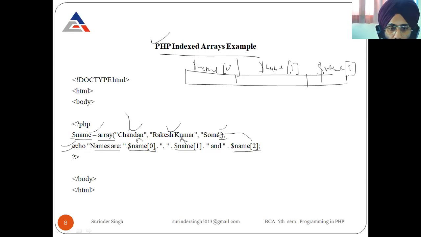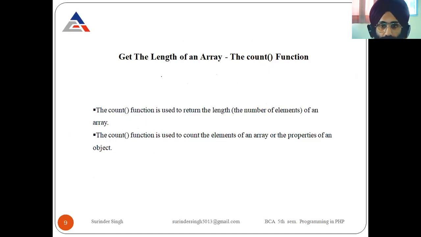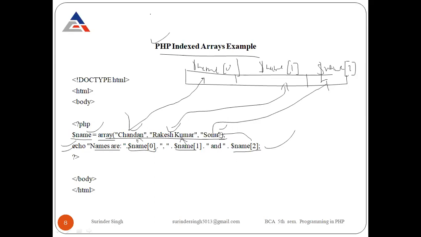When we write this, it will automatically assign to name 0, and this will automatically assign to name 1, and this is automatically assigned to name 2, clear. Now we are printing by writing individual elements, like name 0, name 1, name 2.